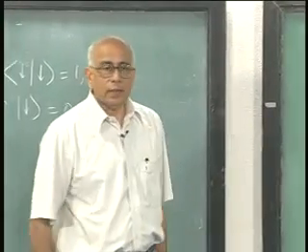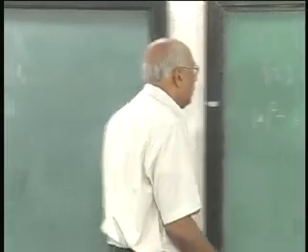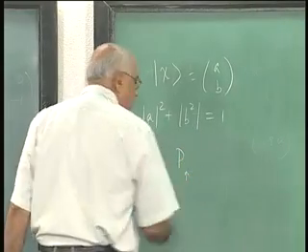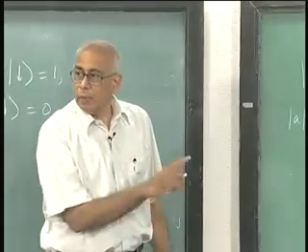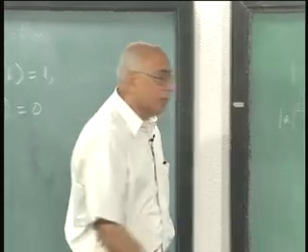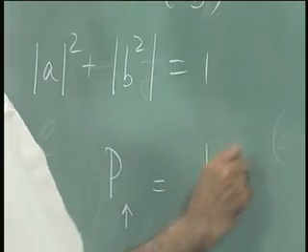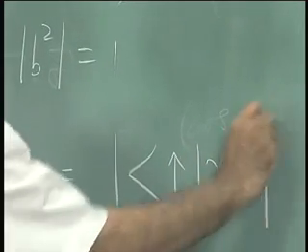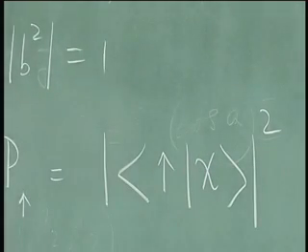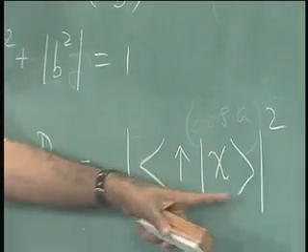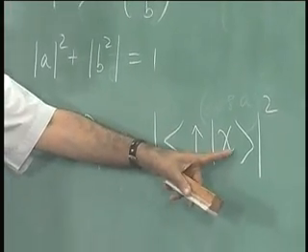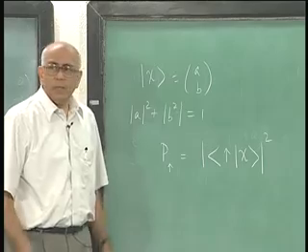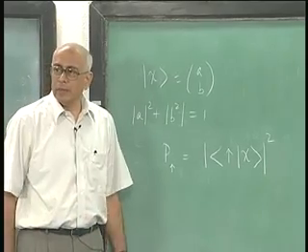How would you compute that? Well, it is clear that the probability we ask for, P up, we want the probability that the spin is up. This is equal to the modulus squared of this probability amplitude by definition. This is the probability amplitude that when it is in the state chi it is in this state up, and the mod squared of it is the probability itself.